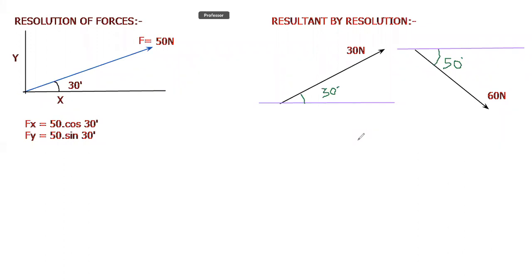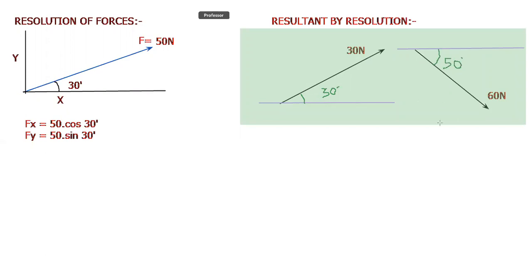If these two forces are acting on the same object, if some object is here, you can also draw the object here. If certain object is here, these two forces are acting on this object.